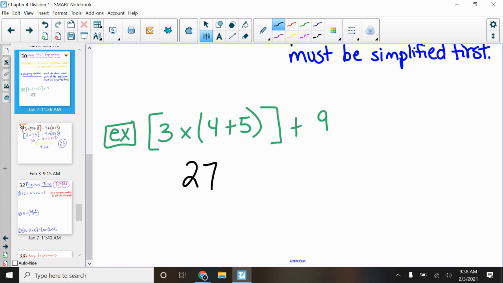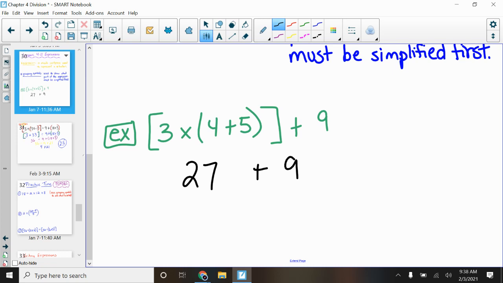How many people need me to show them how I got that? No. 4 plus 5 is 9. Times those 3, 27. Then you just bring down your leftover business. Why would I not need to put grouping symbols on 27 plus 9? Because you already unboxed it.